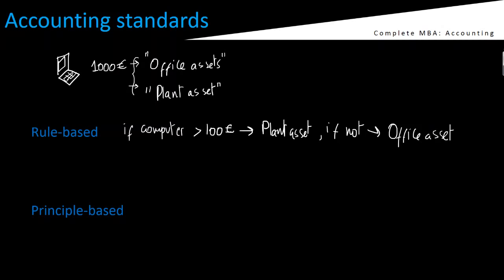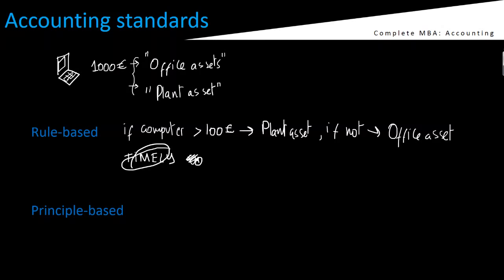You see that the rule-based standards are very clear and very easily show you where you have to put every single thing. However, they have a negative connotation because rule-based standards tend to be very complicated and therefore they are time consuming. They consume a lot of time.